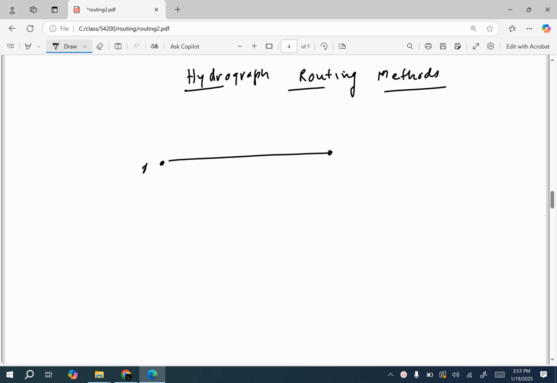Hi, in this video we are going to look at different methods for hydrograph routing. In the previous video we learned that when the water moves from point X to point Y, this is how the shape changes.